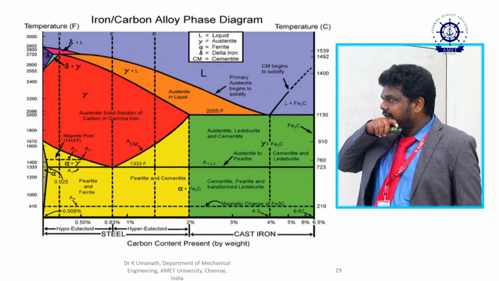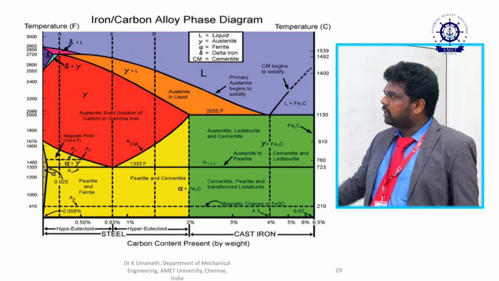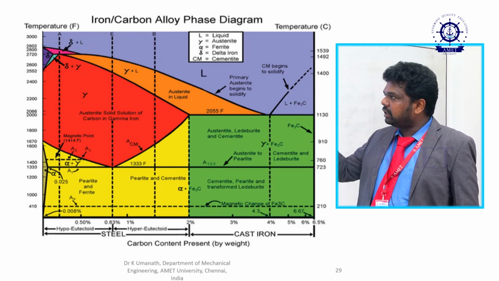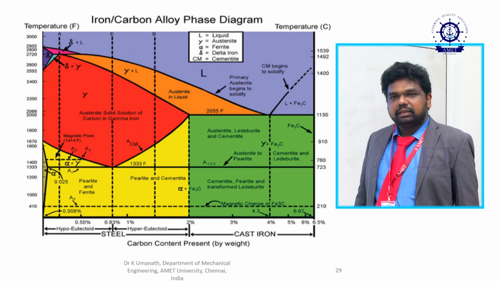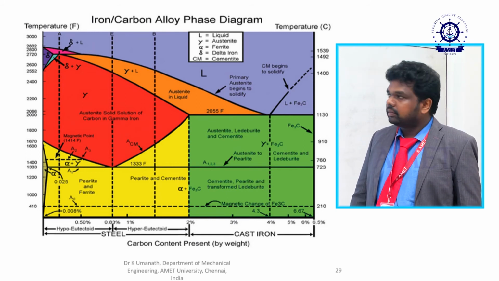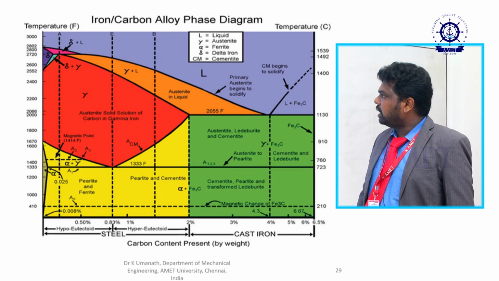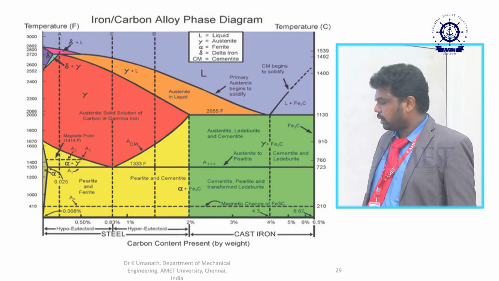At this temperature, liquid and a solid are transformed into another solid: delta plus liquid is transformed into a solid. So one liquid and one solid transformed into another solid is known as the peritectic reaction. These are the reactions in this iron carbon diagram, and the different points are located in the diagram as shown in this figure.